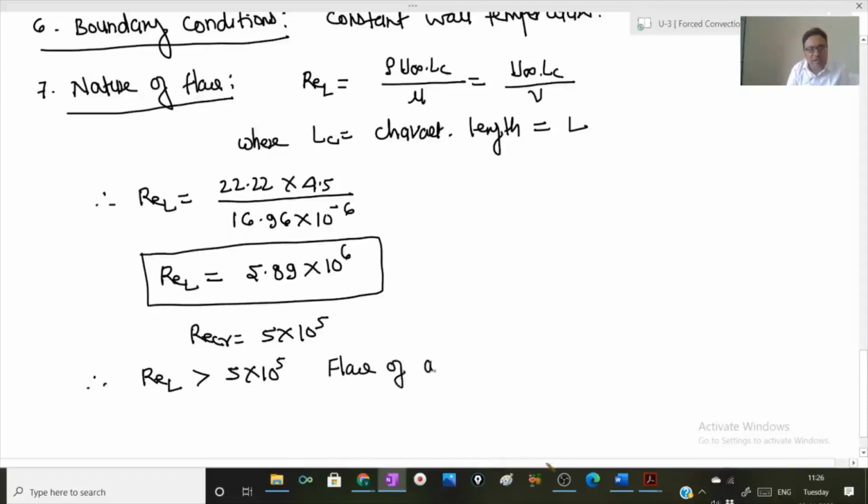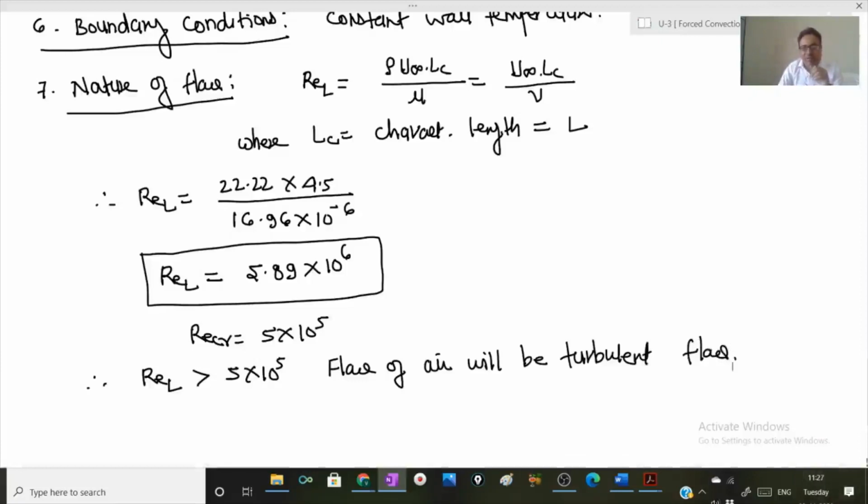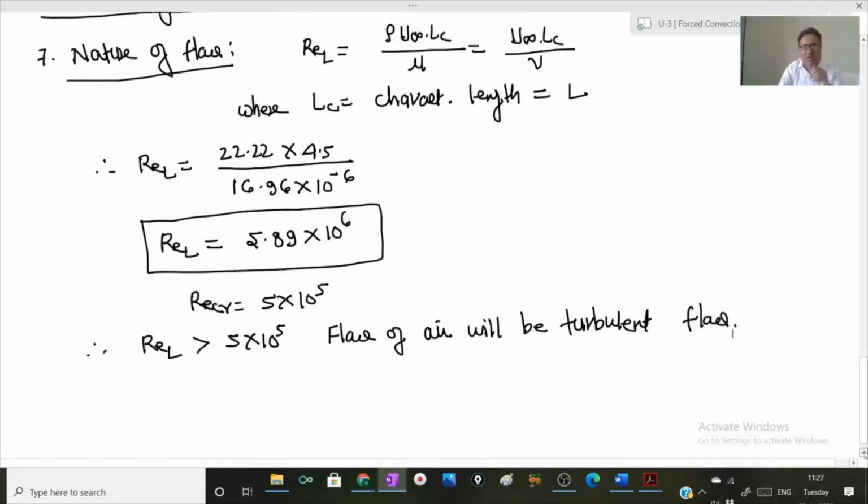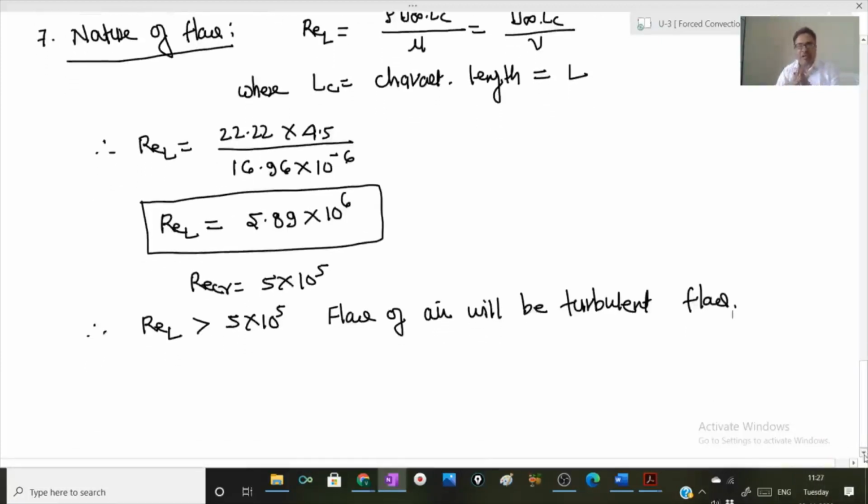flow of air will be turbulent flow. Now, whenever the Reynolds number is greater than 5 into 10 to power 5, there are always two possibilities.